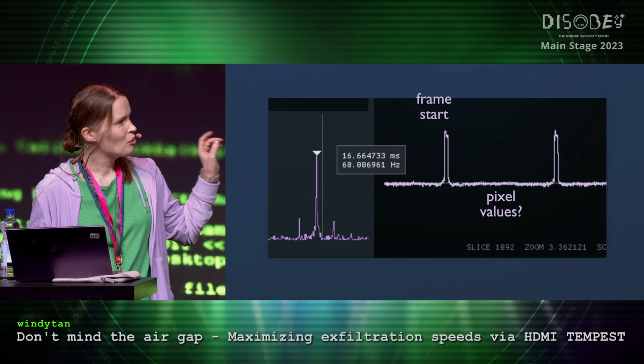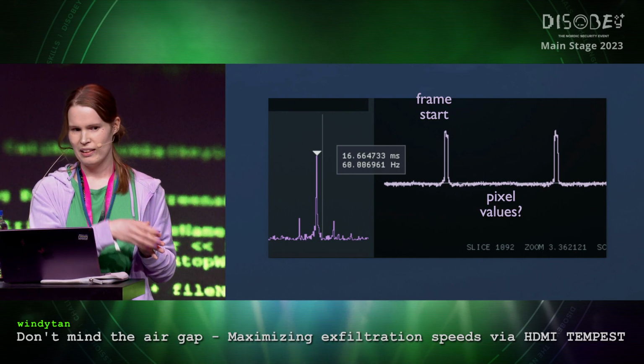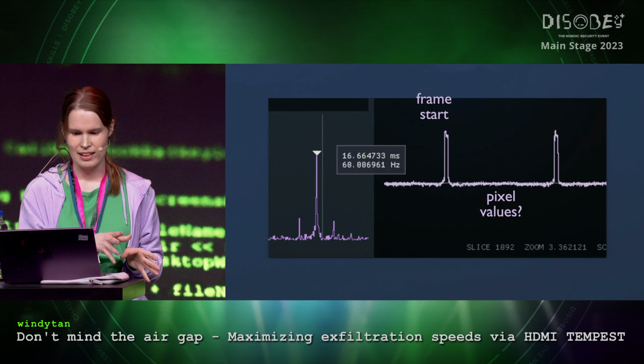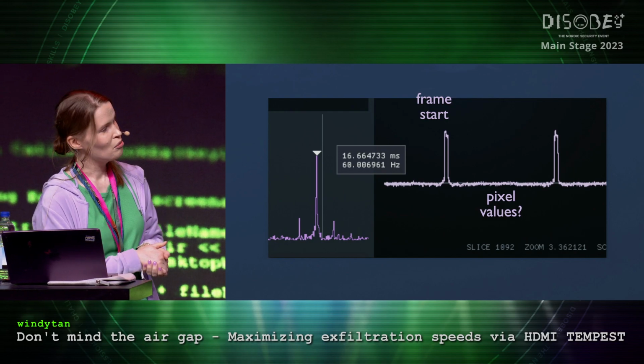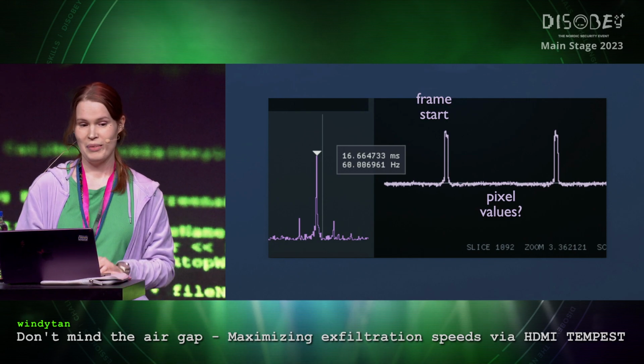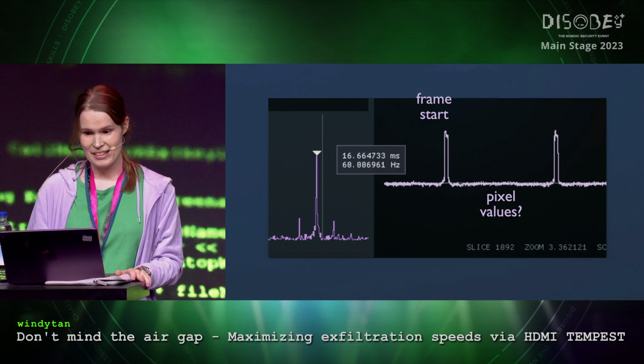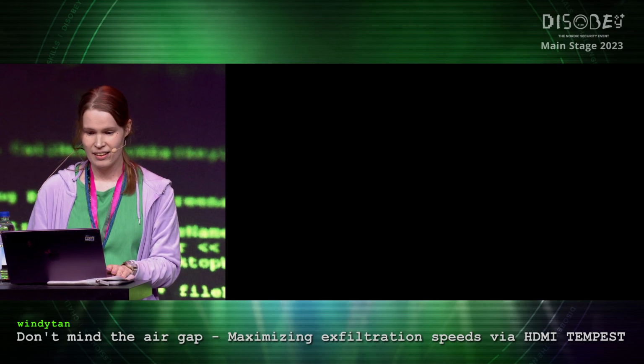Maybe these peaks could be the frame start, because they happen once every 60th of a second. And then in between this very low-level noise, maybe it is the video.